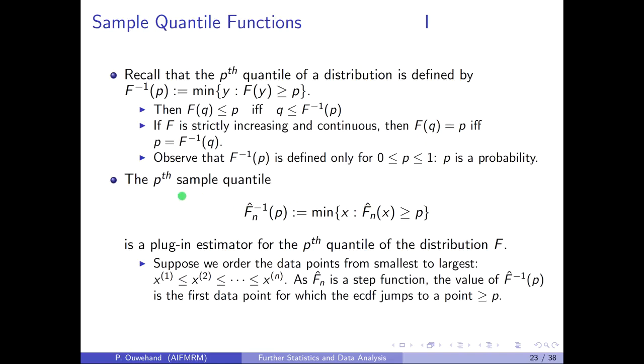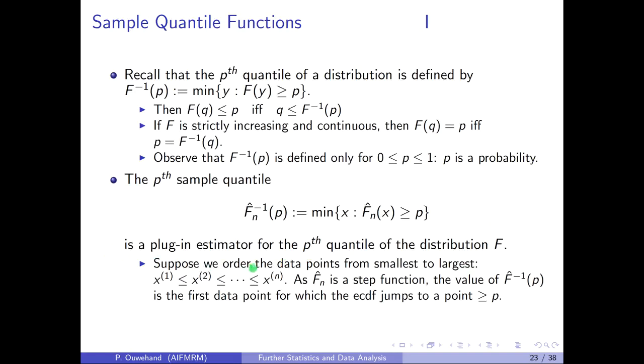Now if we have a sample of data points x1 up to xn, then the pth sample quantile is defined in exactly the same way, but we use the empirical CDF instead of the true CDF. So it's a plug-in estimator for the pth quantile of the distribution F, because we're using the empirical distribution instead of the true distribution.